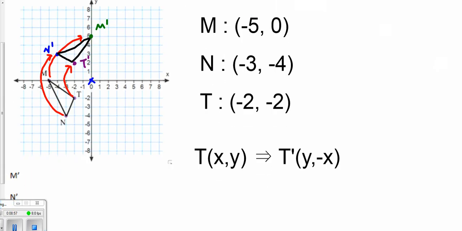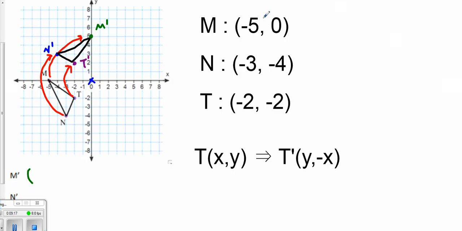Now, let's write down what each of these spots would be. M prime slid from M. M used to be -5, 0. So, using our rules, the x and the y switch, and whatever was the x value is now the opposite of it.